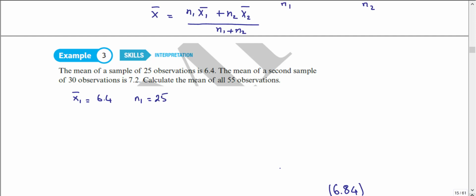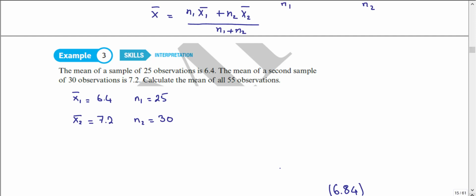Then they say the mean of a second sample of 30 observations is 7.2. So we have another mean for another set, that's 7.2, and n2 is 30. Calculate the mean of all 55 observations, for both sets.